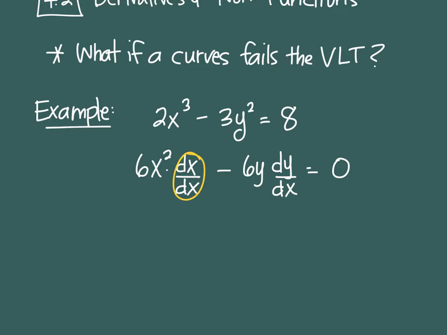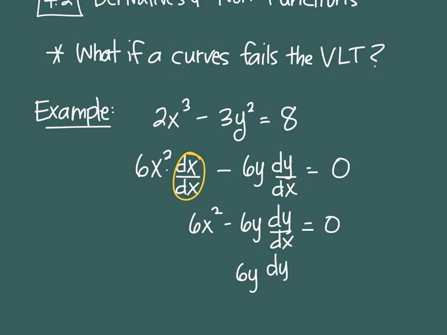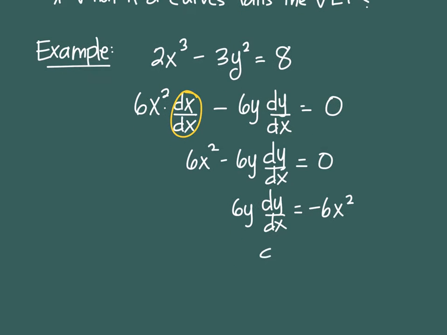So this dx dx does reduce to 1, and then we need to get dy dx by itself. So we're looking at 6x squared minus 6y times dy dx equals 0. We can kick the 6x squared to the other side, and so we'll have negative 6x squared. And then we'll divide. So dy dx is negative 6x squared divided by 6y, which reduces to negative x squared over y.